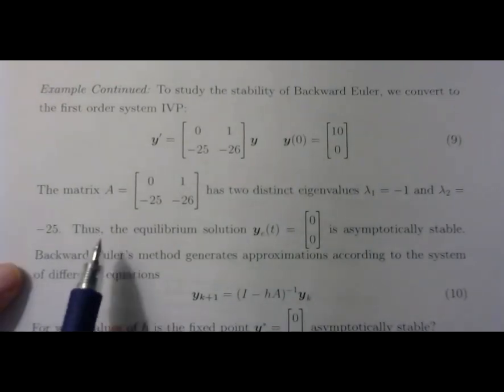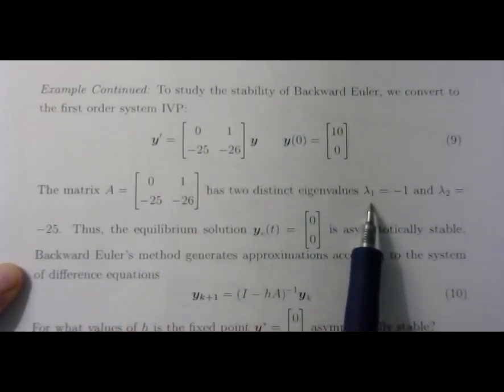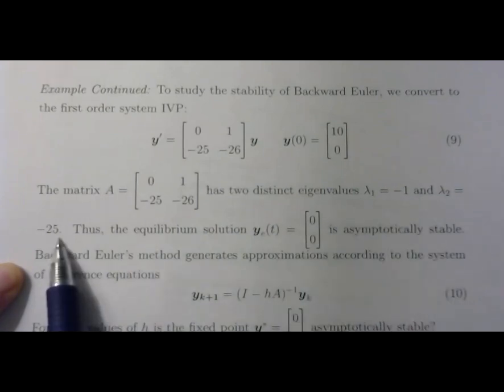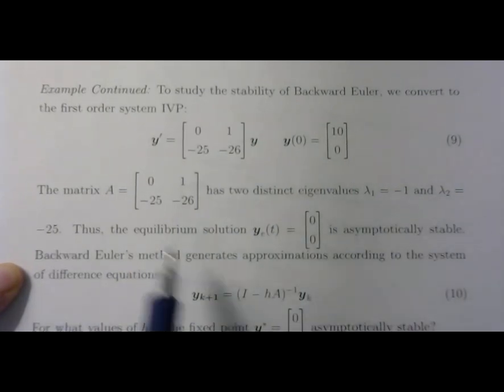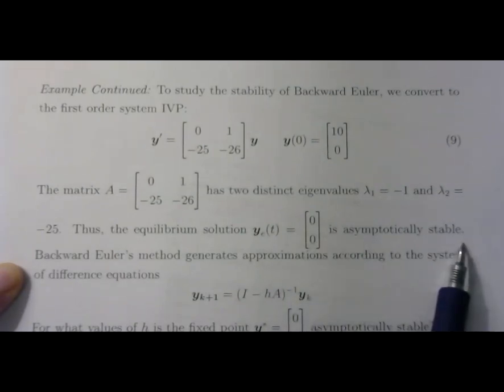So just as a refresher, when I have the continuous time case here, A has two eigenvalues, -1 and -25. So the equilibrium solution, which is at 0, 0, is asymptotically stable, right? Because I just need, in continuous time, that both of my eigenvalues are less than 0, so the exponentials decay.